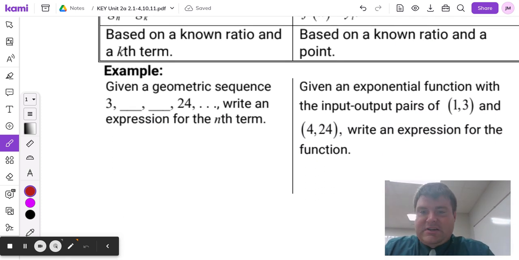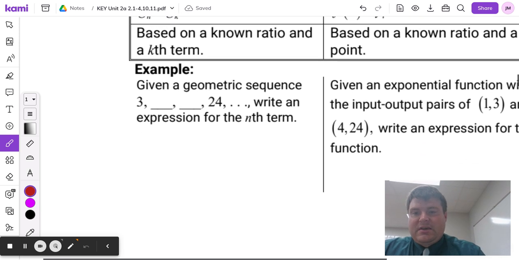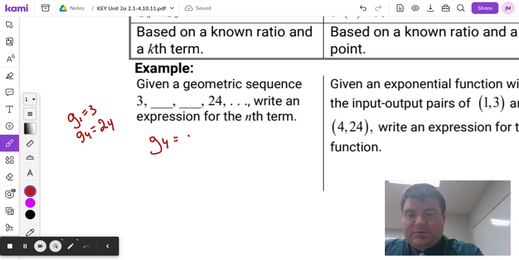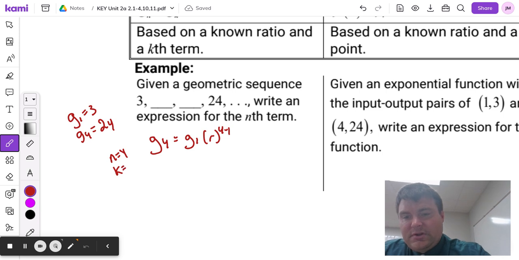Given a geometric sequence here, I have g of 1 is 3. I have g of 4 here is 24. So g of 4 is equal to g of 1 times r to the 4 minus 1. This is when I'm letting n equal 4 and then k equal 1.